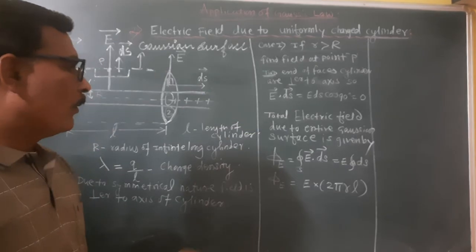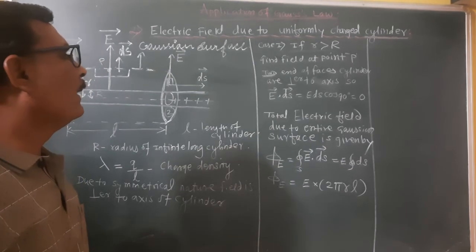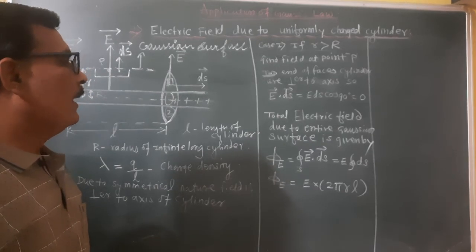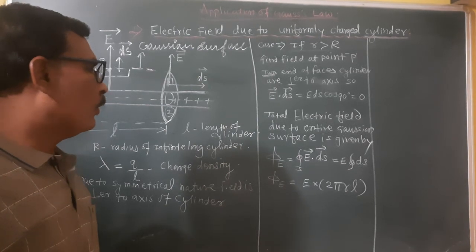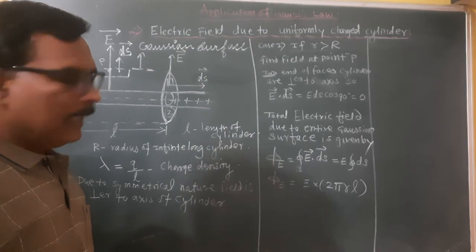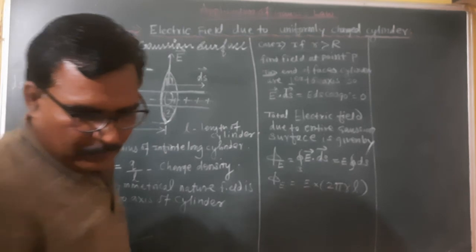So the total electric flux due to the entire Gaussian surface is given by phi E is equal to E into 2 pi R L. This is equation number 1.